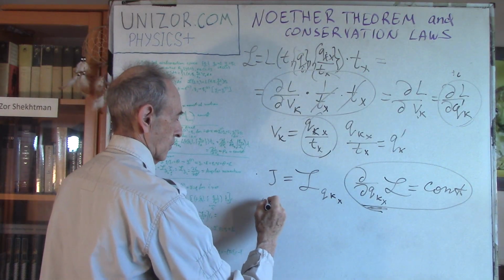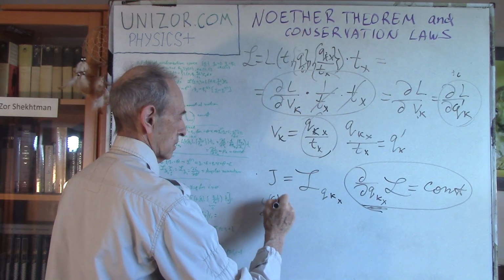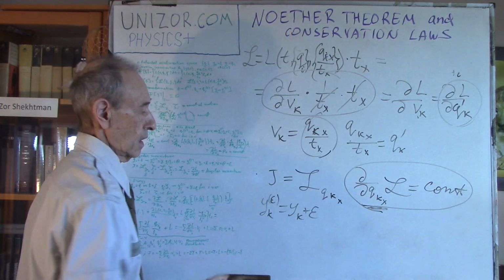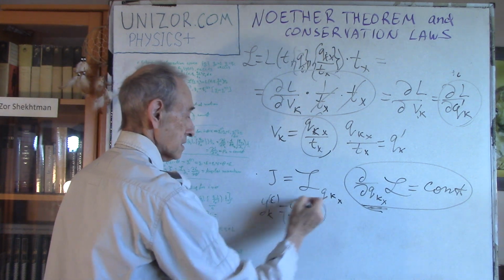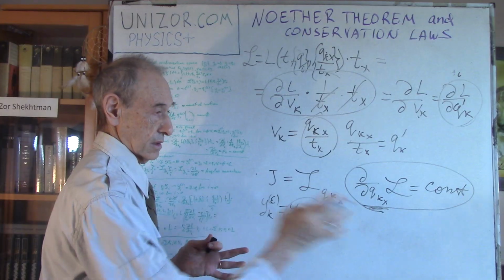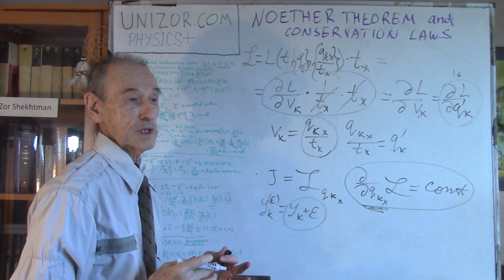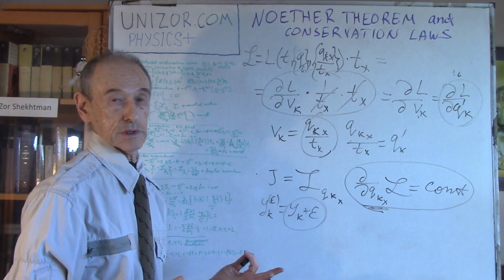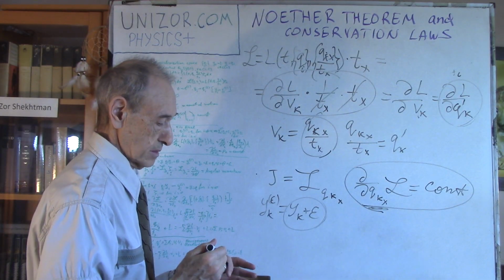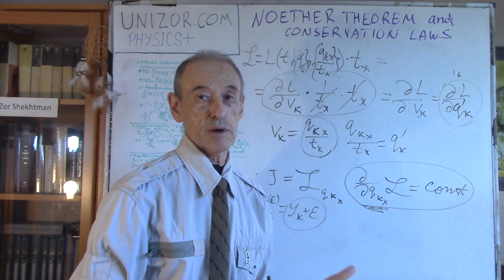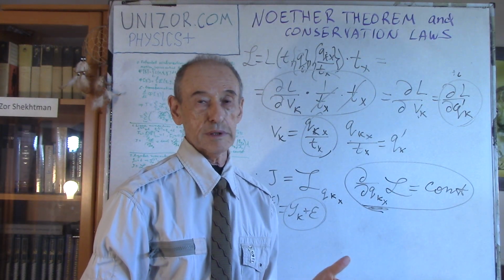So if my motion is very smooth, yk epsilon is equal to yk plus epsilon, that's what we started from. That means it's the motion which actually is the motion with a constant speed along one particular axis of coordinate. Well, obviously we know that in this particular case momentum is conserved. This is the law of conservation of momentum.